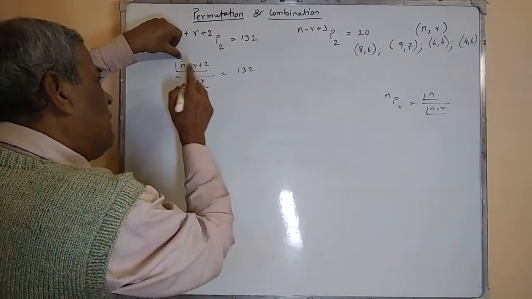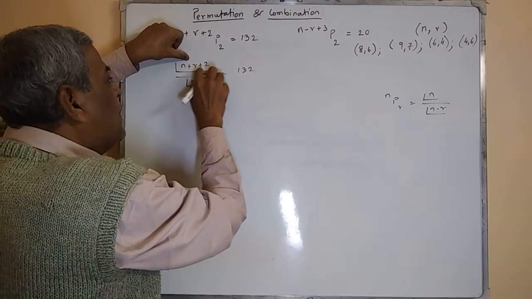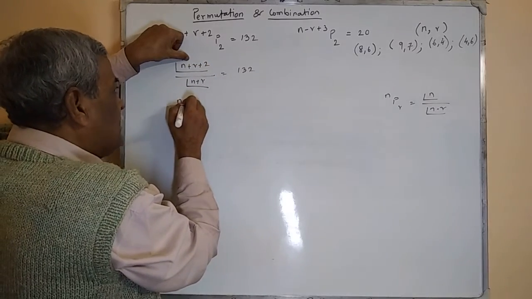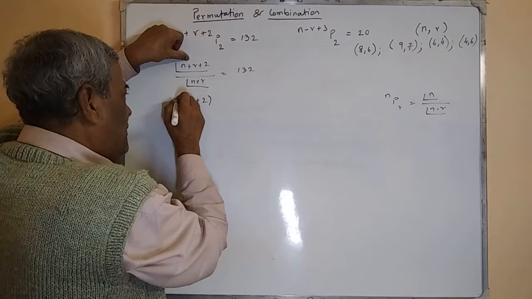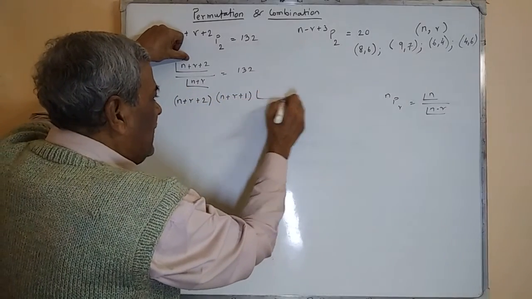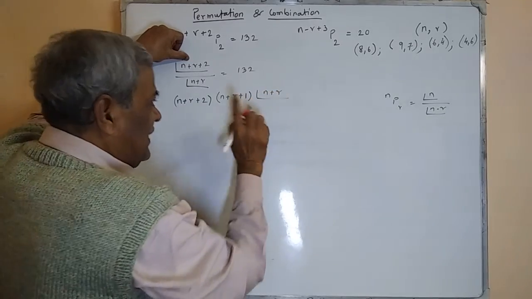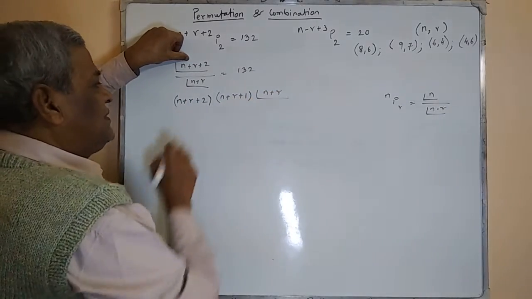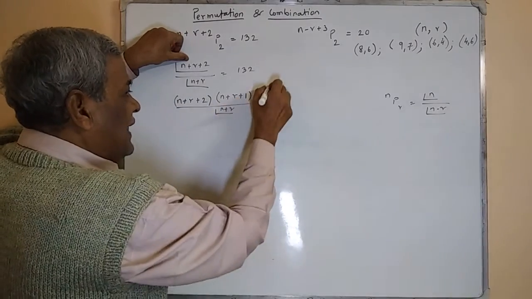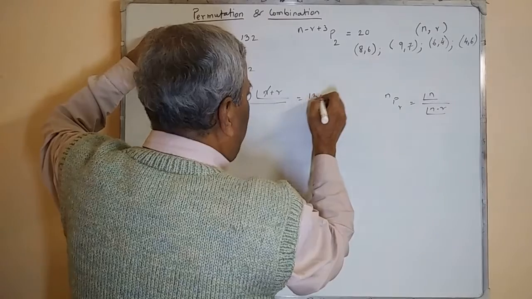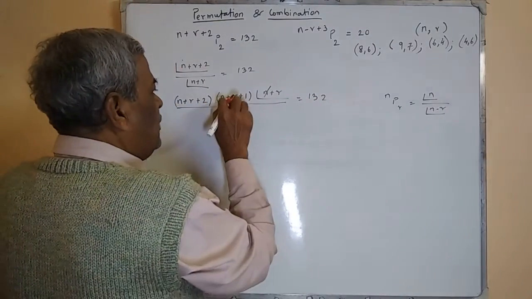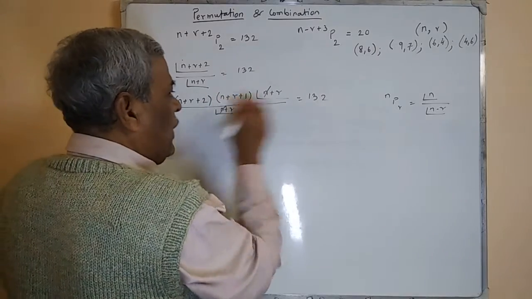Now this can be simplified. This number is greater than that number, so I can write it as n plus r plus 2 into the next integer n plus r plus 1 into factorial of n plus r, divided by factorial of n plus r. They cancel, and it is equal to 132. So we get n plus r plus 2 into n plus r plus 1, their product is 132.